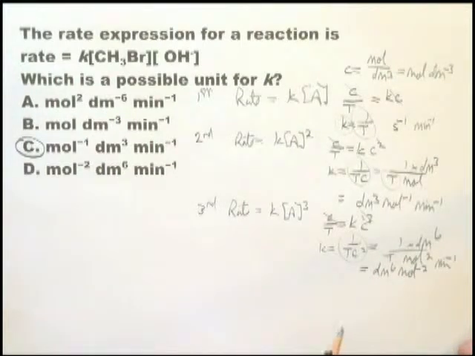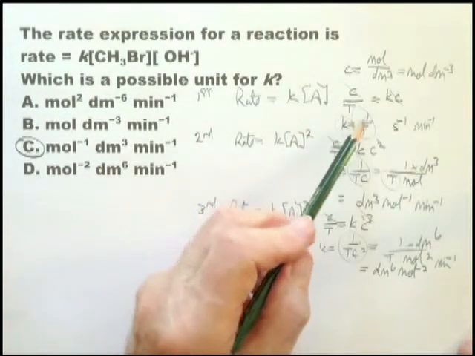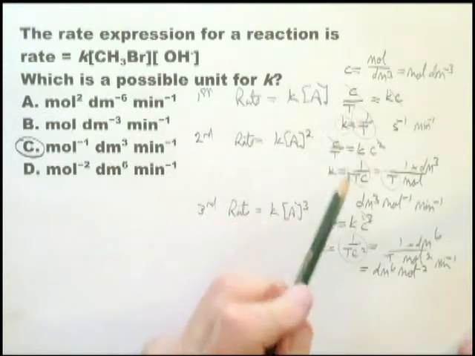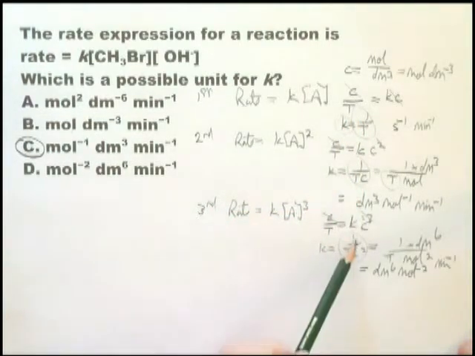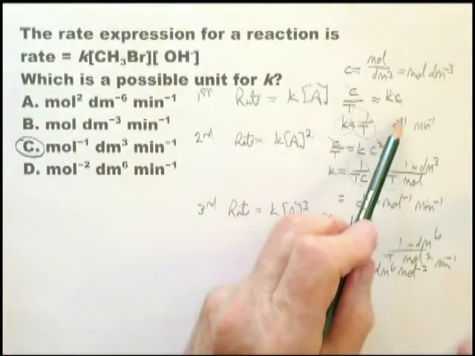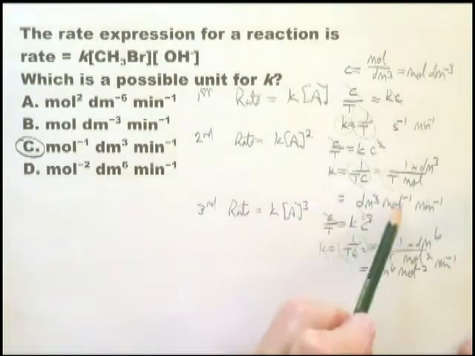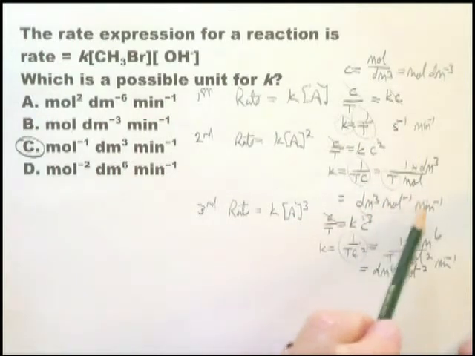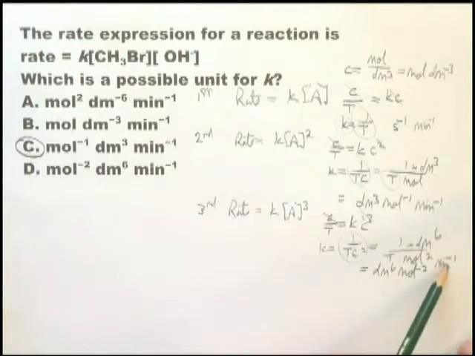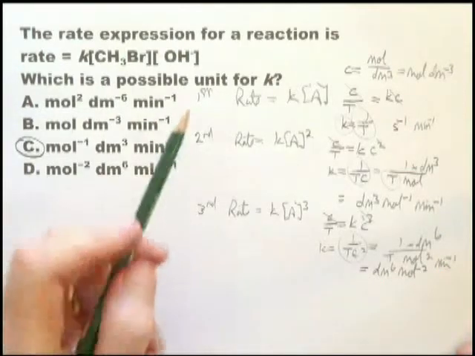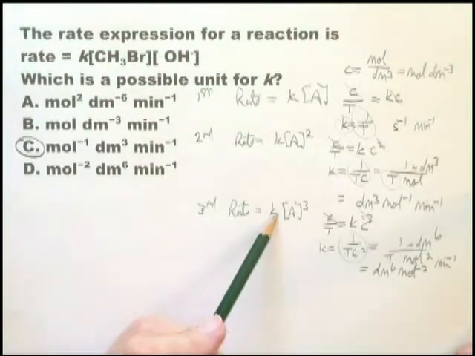Either you remember 1 over T for first order, 1 over Tc for second order, 1 over Tc squared for third order, or you remember the final units, s minus 1, dm3 mole minus 1 minute minus 1, dm6 mole minus 2 minute minus 1, or you learn how to do the whole process.